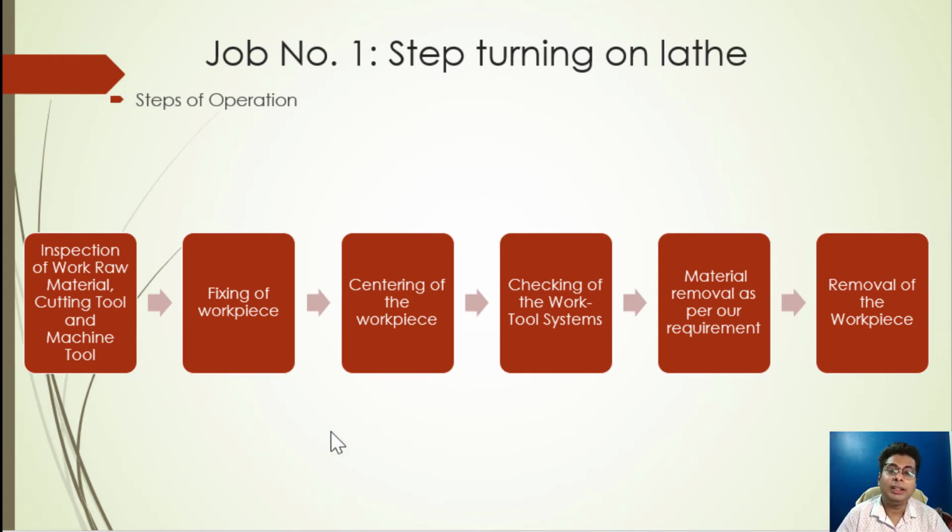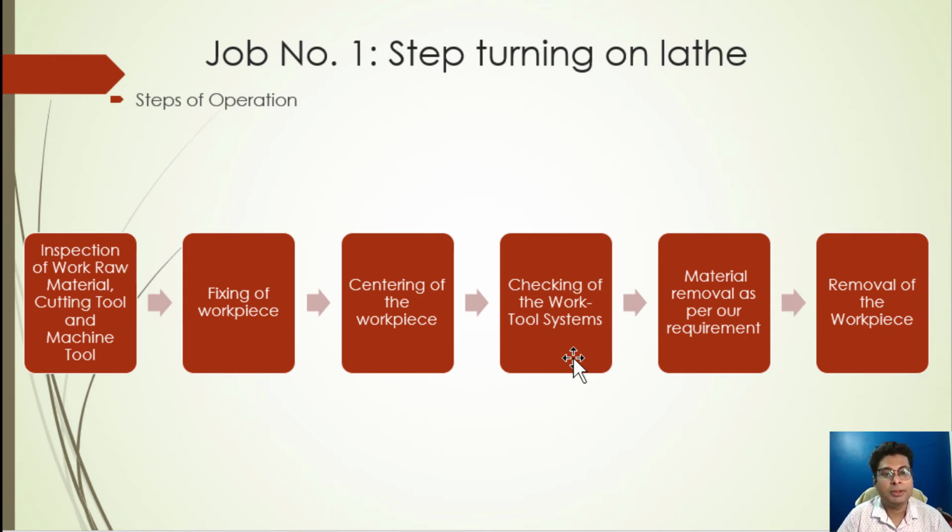Then centering of the workpiece. Centering is the alignment of the workpiece, so that the external axis of the workpiece is parallel to the principal axis of the shaft. After that, checking of the work-tool system, whether everything is properly placed or not.